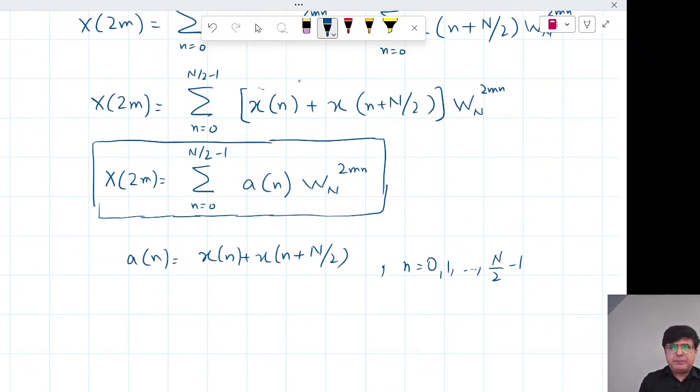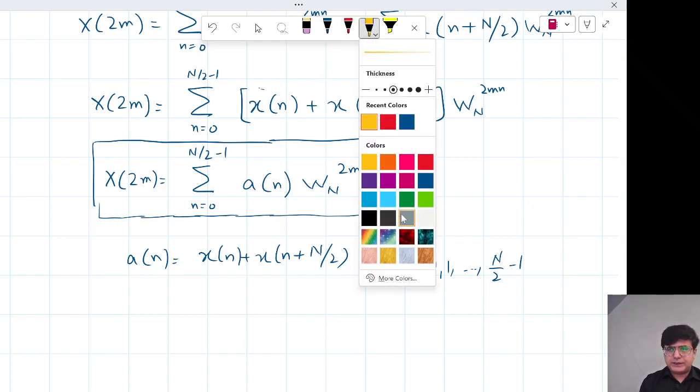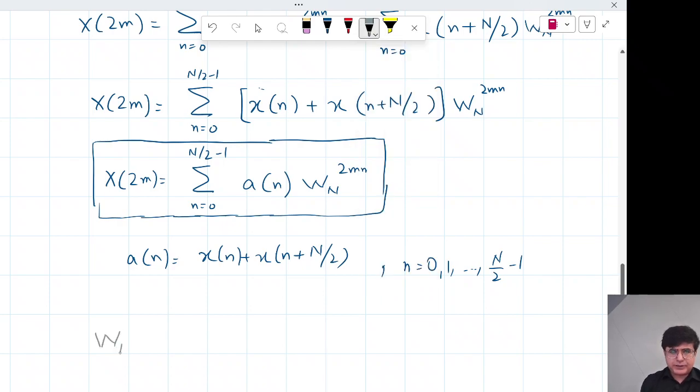Okay. Now, before we move further, let us see this W subscript N to the power 2, because that is what we have here. What is this?